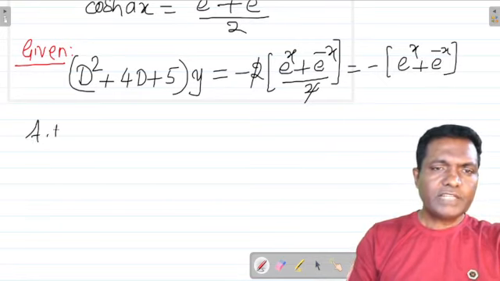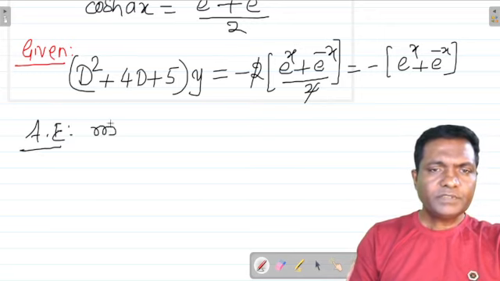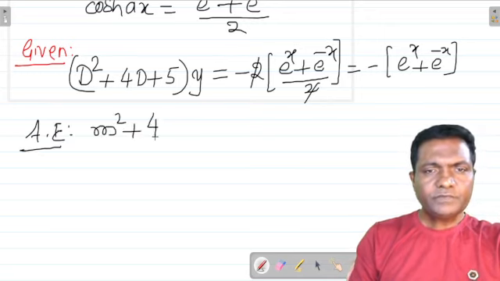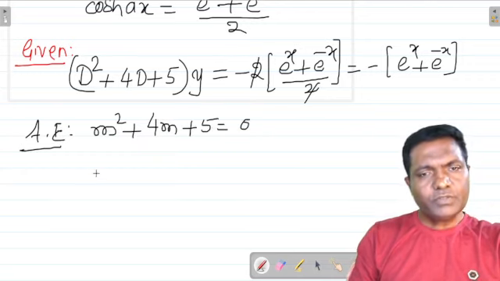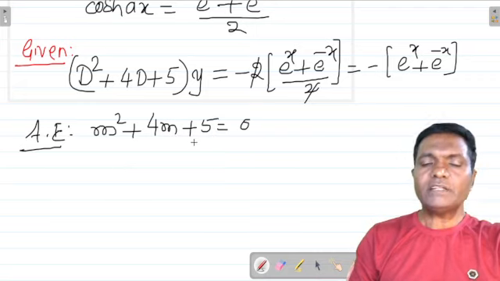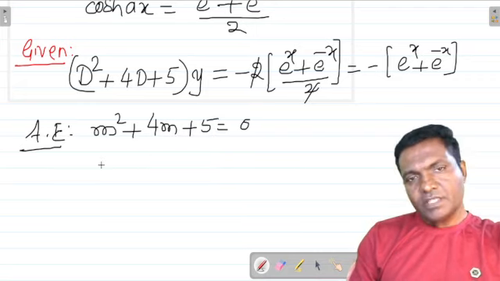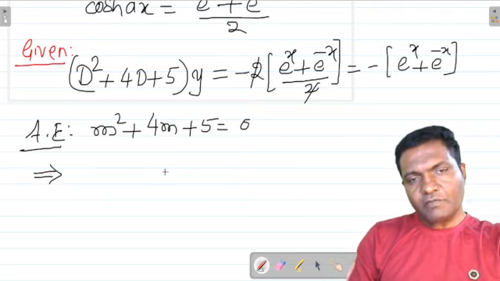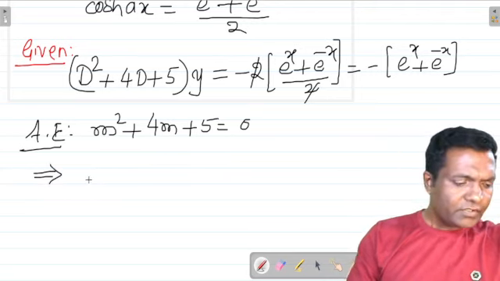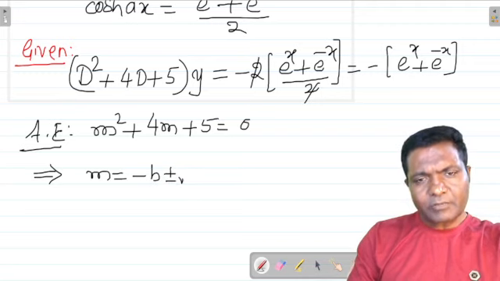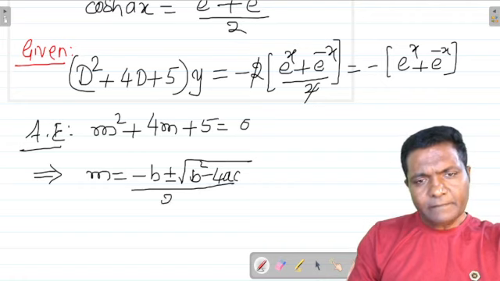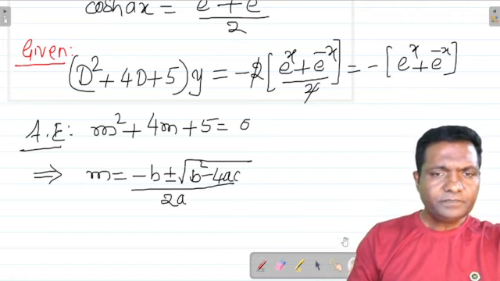Now as usual, write the auxiliary equation: m square plus 4m plus 5 equal to 0. Clearly it is non-factorizable, so we solve it by the formula m equals minus b plus or minus square root of b square minus 4ac by 2a. Otherwise you can use a calculator.